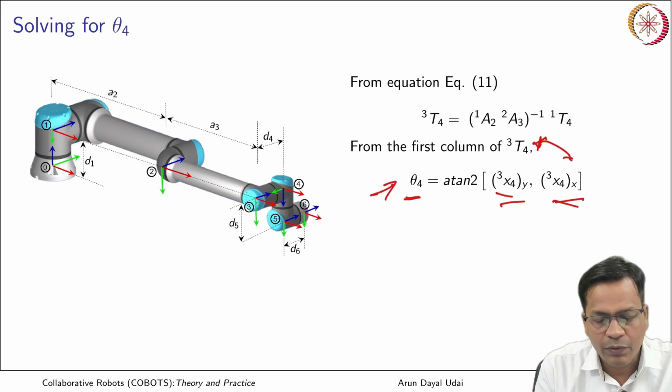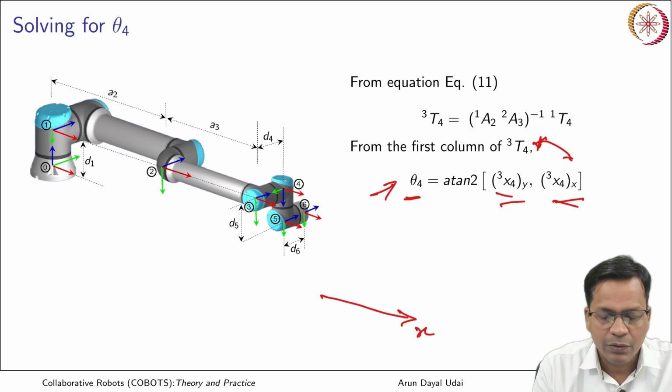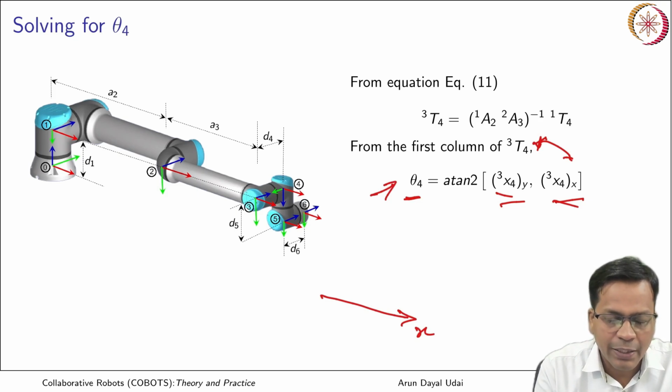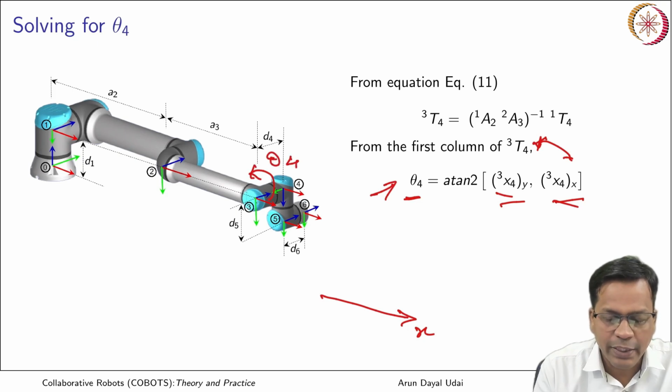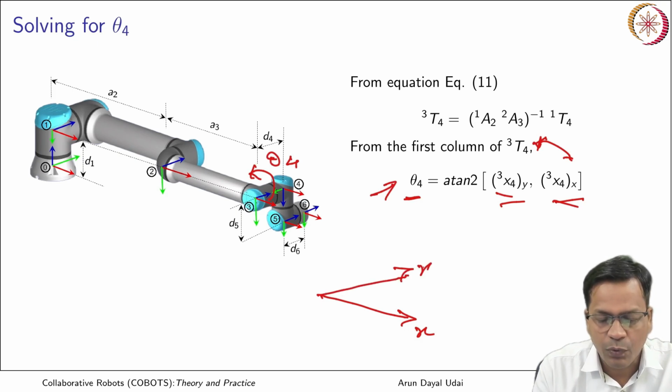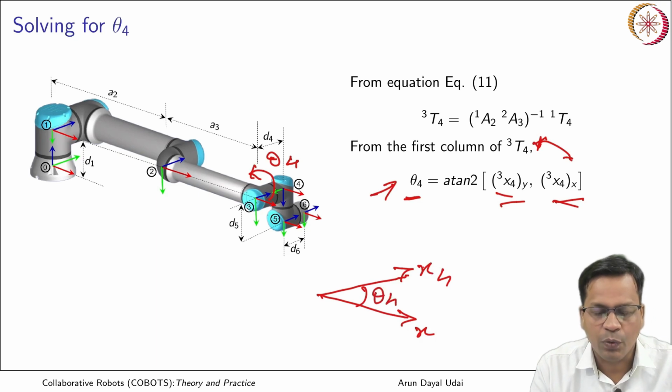Got it? So if this is your x, x basically rotates by an angle theta 4 like this. This is theta 4. So x rotates by an angle theta 4 like this. So the next x, that is x4, comes out by angle theta 4.